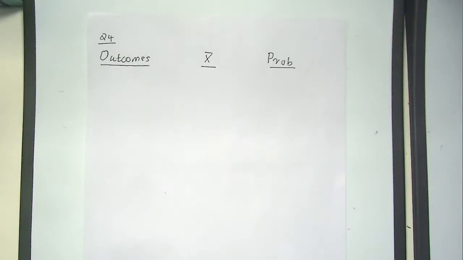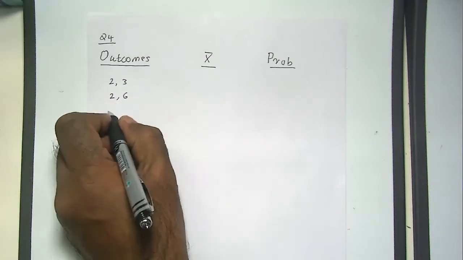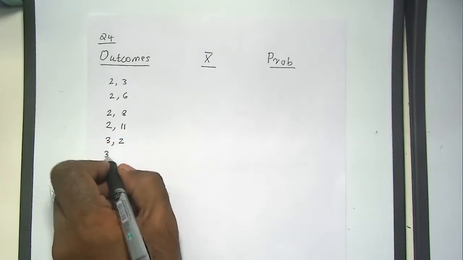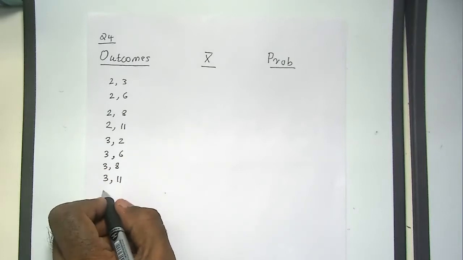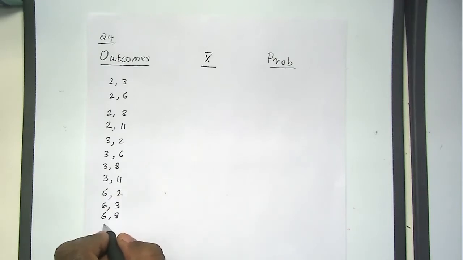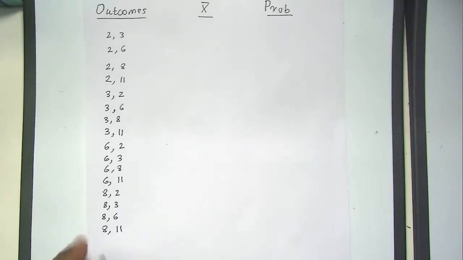So the possible outcomes, let me write them down, are 2,3; 2,6; 2,8; 2,11; 3,2; 3,6; 3,8; 3,11; then 6,2; 6,3; 6,8; 6,11; then 8,2; 8,3; 8,6; 8,11; and finally 11,2; 11,3; 11,6; 11,8.